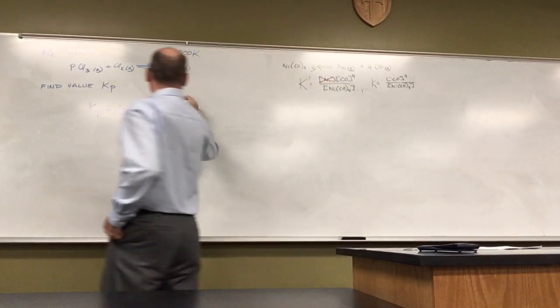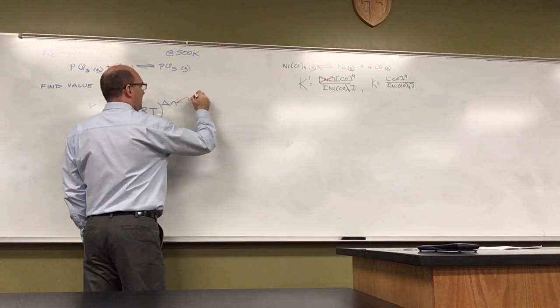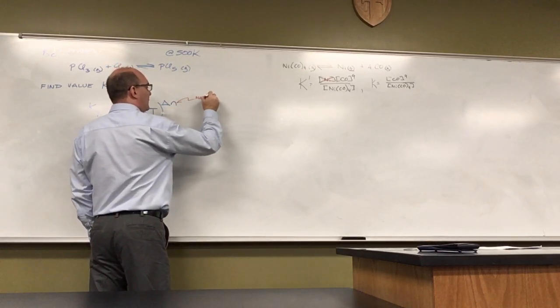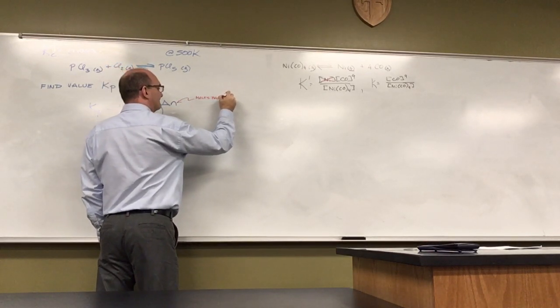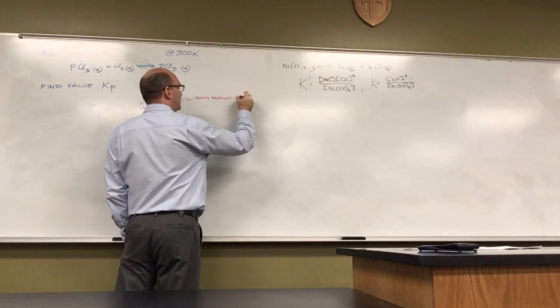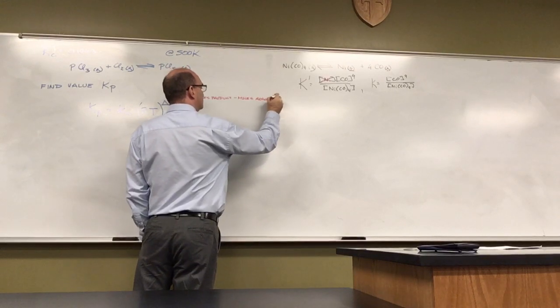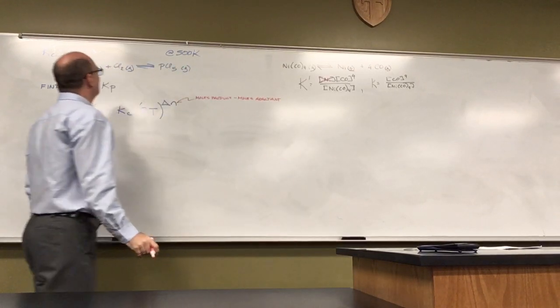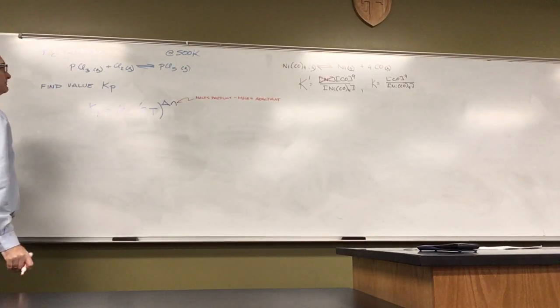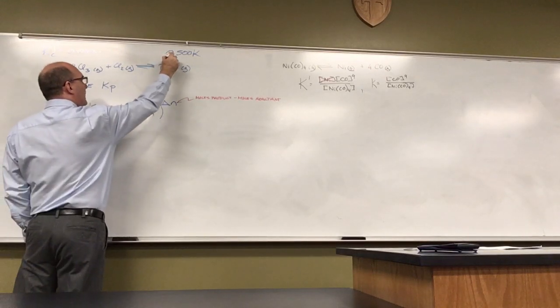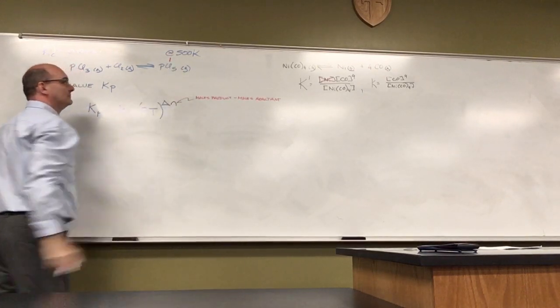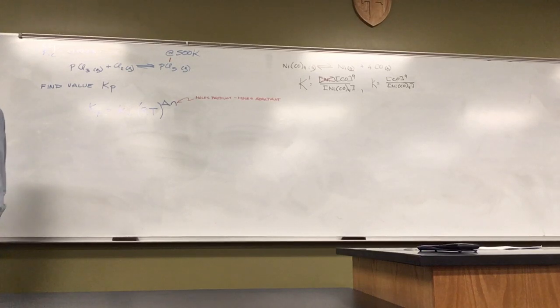Delta N is the number of moles of product minus the number of moles of reactant. Number of moles of product is 1.